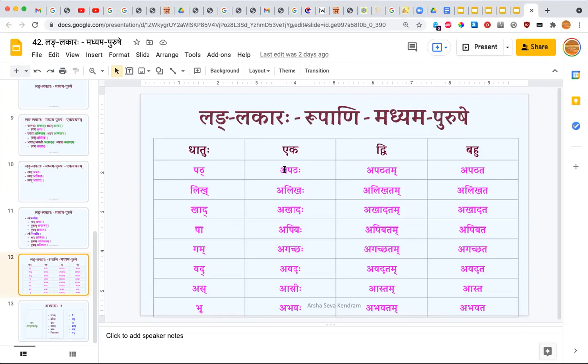Slight change. We add a, and then for ekavachana we add a visarga, apathaha. Instead of pathatam, we just add an a, apathatam, and then apathata. You all had studied. So the forms are similar.